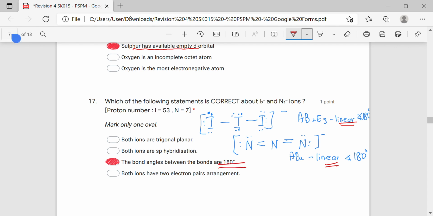So linear memang 180. So both diagonal planar salah sebab sepatutnya linear. So SP hybridization. So ini betul untuk N3 sahaja tapi salah untuk I3 minus. Both ion have 2 electron pair arrangement. So 2 electron pairs. So salah untuk I3 minus.